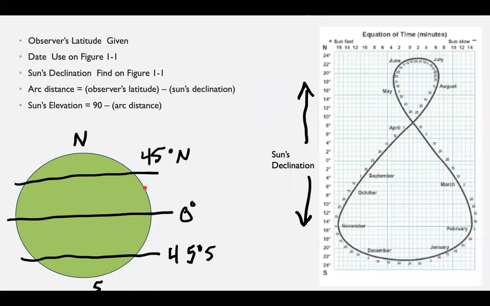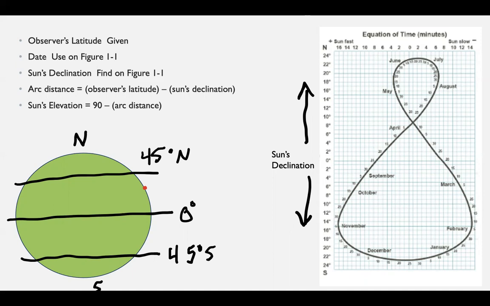On page 30, there are a couple of tables and questions talking about observer's latitude, date, sun's declination, arc distance, and sun's elevation. The observer's latitude is always given, and it represents this red dot on this green circle. They're going to place it in multiple locations, but just realize that that is where the observer is located on Earth.